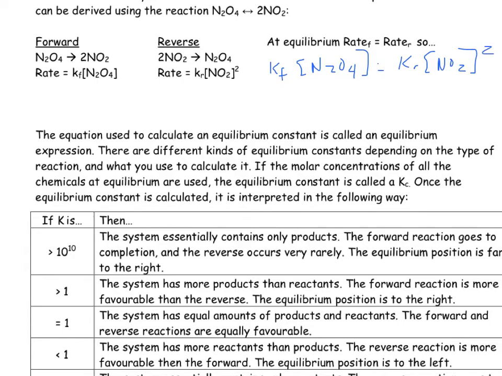Now we rearrange this equation so that the constants are on one side and the chemical concentrations are on the other. So I'm going to divide both sides by Kr, and I'm going to multiply both sides by the concentration of N2O4.